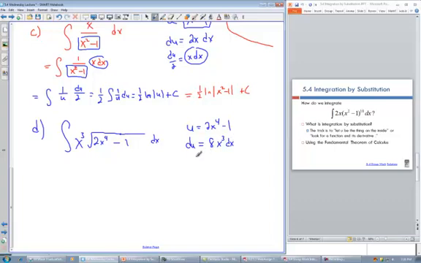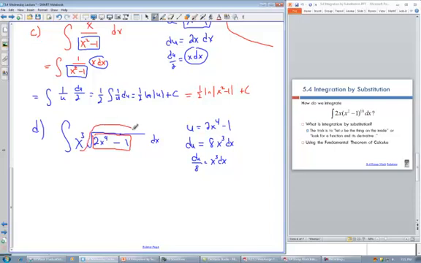Right? And I can already see I'm going to have to move over that 8. du over 8 is equal to x cubed dx, because I do not have an 8 in front of the x cubed. So when I go back to substitute in for 2x to the 4th minus 1, what I see is that this is a u. Great.